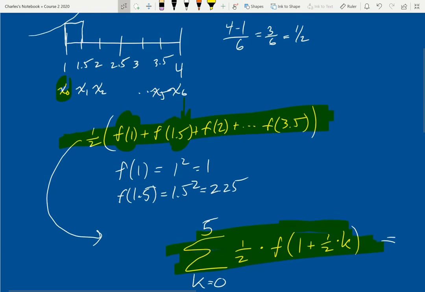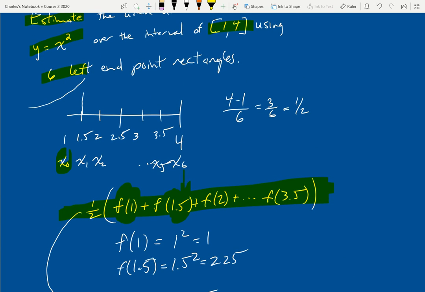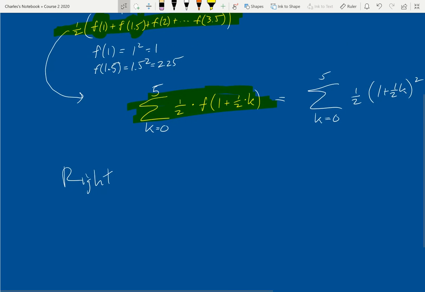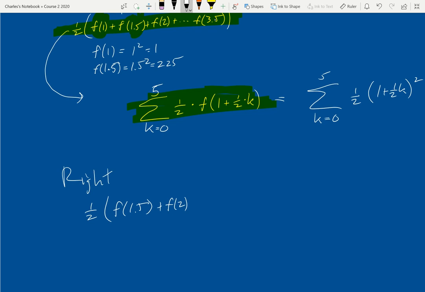Well, if we go to right endpoint rectangles, we're not starting from the left endpoint. We're going to start from the right endpoint of each rectangle. Okay, so which x values am I using? I'm going to be using x sub 1, x sub 2, up to x sub 6, which means my formula is going to look like 1/2 times f of 1.5 plus f of 2 all the way up to f of 4.